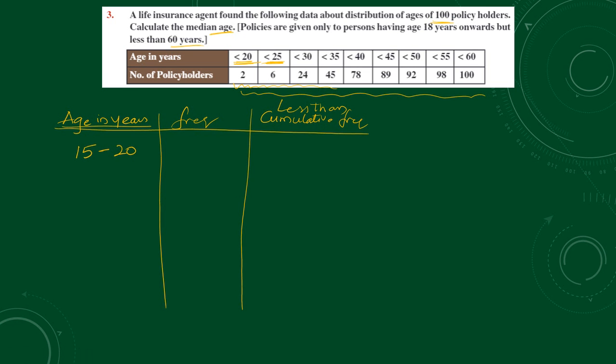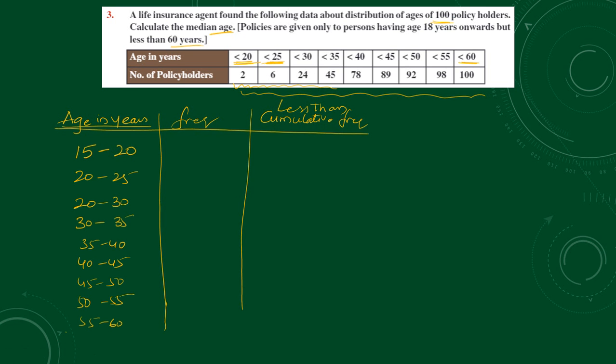So this can be written as 15 to 20, 20 to 25, 25 to 30, 30 to 35, 35 to 40, 40 to 45, 45 to 50, 50 to 55, 55 to 60.